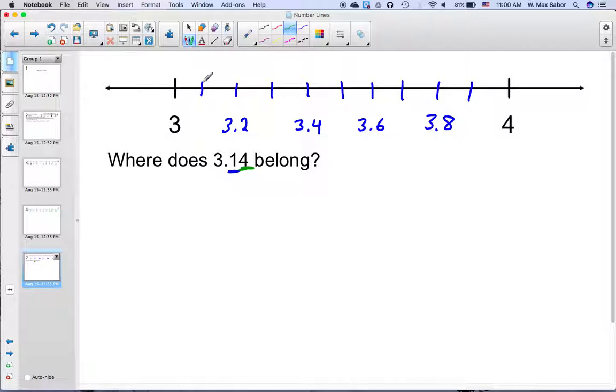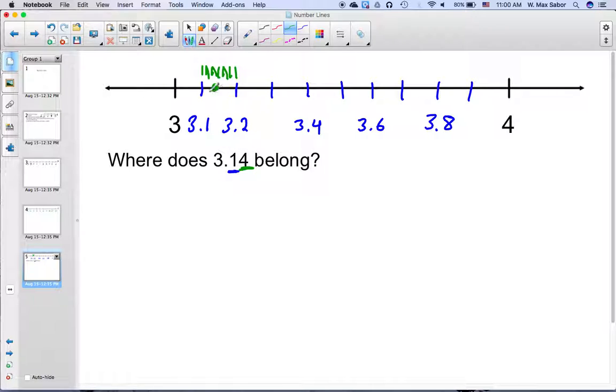3.14 would be if we split this between 3.1 and 3.2 into 10 equal pieces. And it would be the fourth of those. So it would be pretty much there.